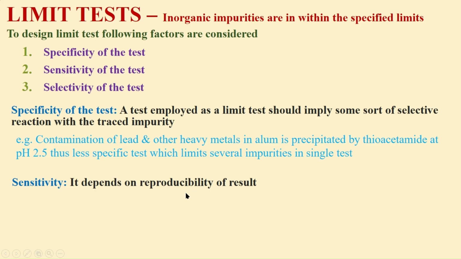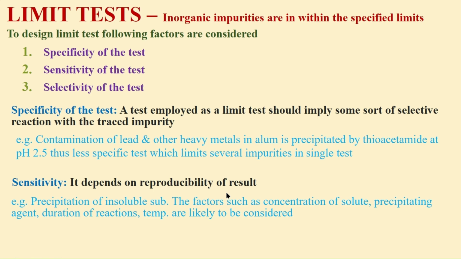What is reproducibility? Whether I do it, you do it, or others do it, it should give the same results. Whether I do it in Andhra Pradesh or Maharashtra or Karnataka, within India or outside India, it should give the same results. That indicates the sensitivity of the reaction.